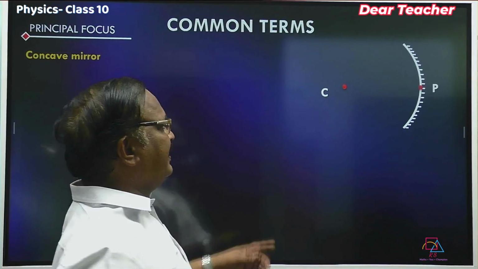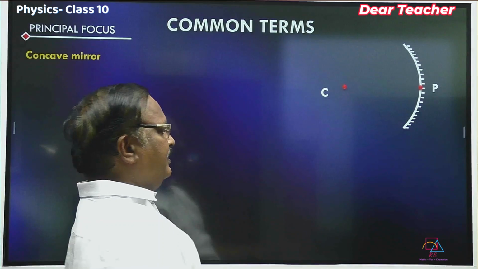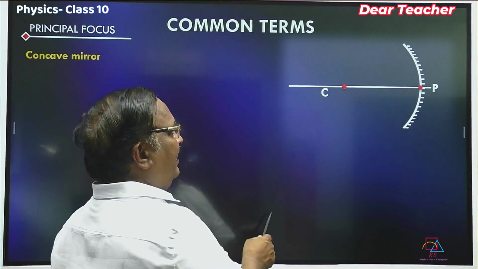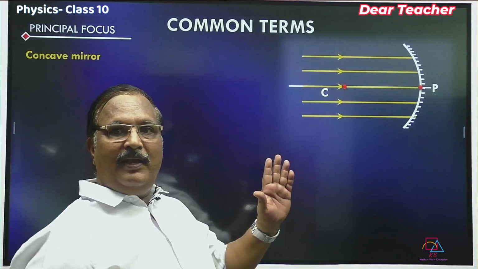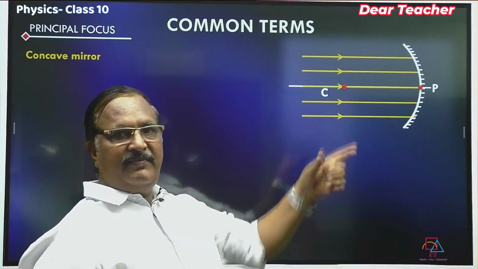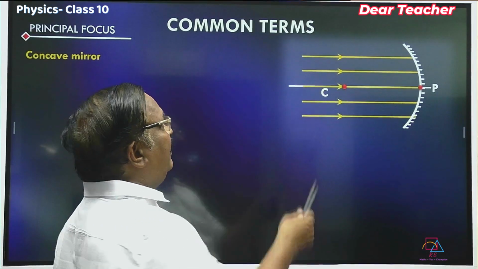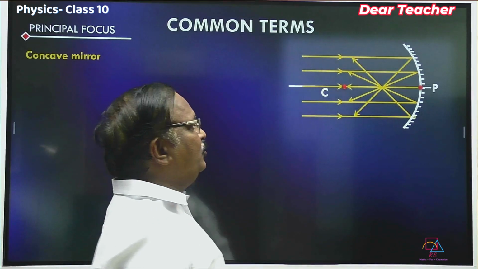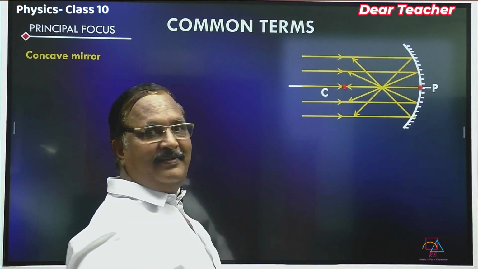C is the center of curvature, P is the pole, and then principal axis, and then parallel lines. So a parallel beam of light falling on the reflecting surface of the concave mirror. So then they reflect through one point.